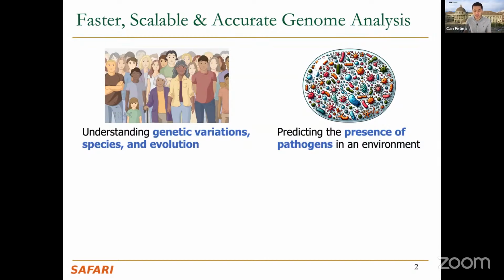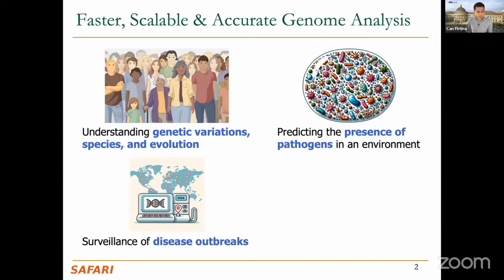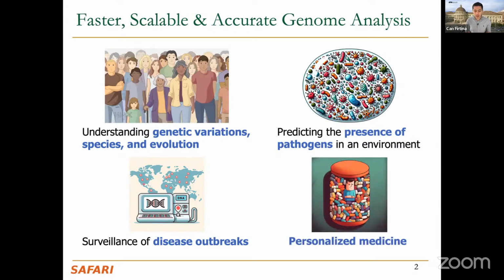It is also important for surveillance of disease outbreaks, like it happened with COVID-19 very recently. And of course, it is very important for personalized medicine, meaning we can develop drugs that are personalized for you so that we can improve the efficiency of these drugs.